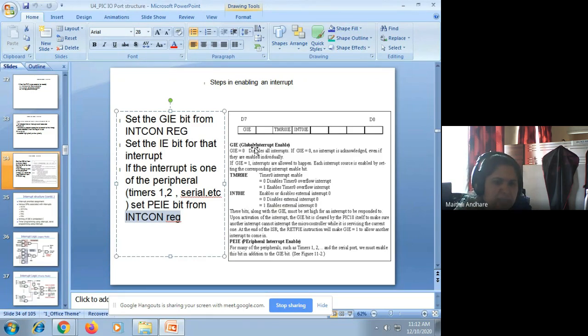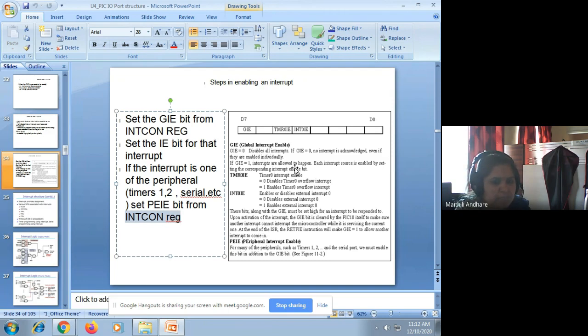Okay, so this INTCON is a very important register, so as to enable the interrupt. In 8051, only 1 bit is available. So here first of all, 2 bits are available, the first being the global interrupt enable bit. It disables all interrupts at a time if it is 0. So if GIE is equal to 0, no interrupt is acknowledged even if they are enabled individually. Means what?